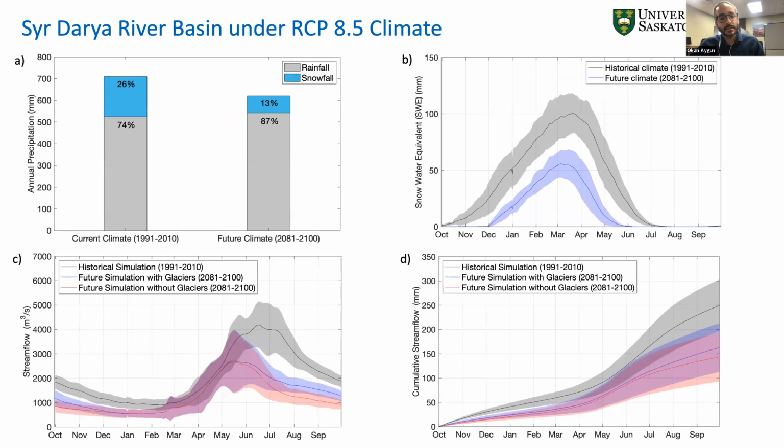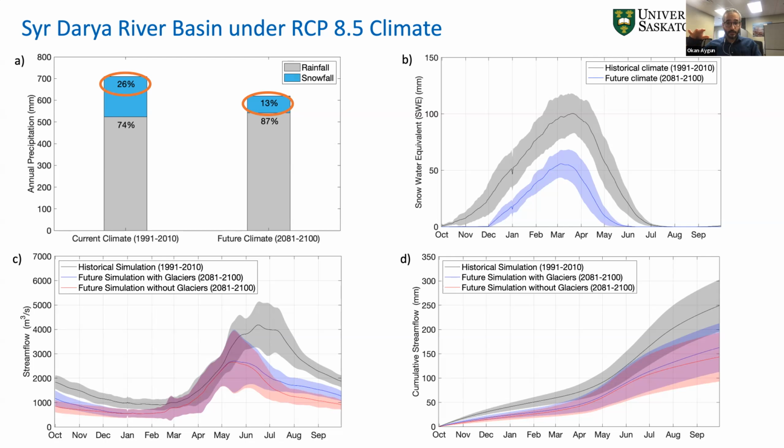Here are the projected changes in annual precipitation, snow-water equivalent, and streamflow at the basin outlet. As shown in figure 1A, next to the decline in the total precipitation, the snowfall ratio is projected to decline by 50% compared to the historical period.